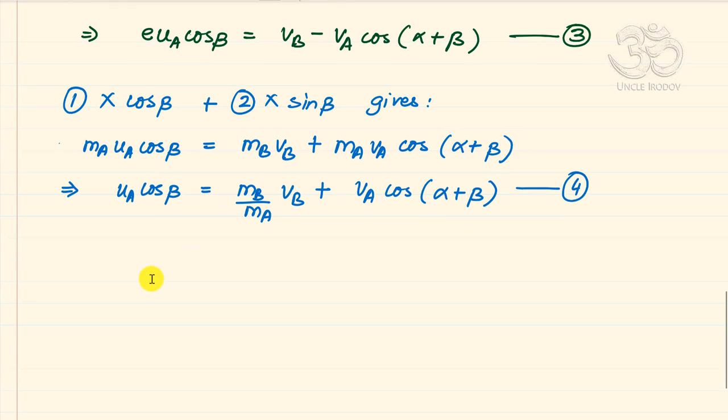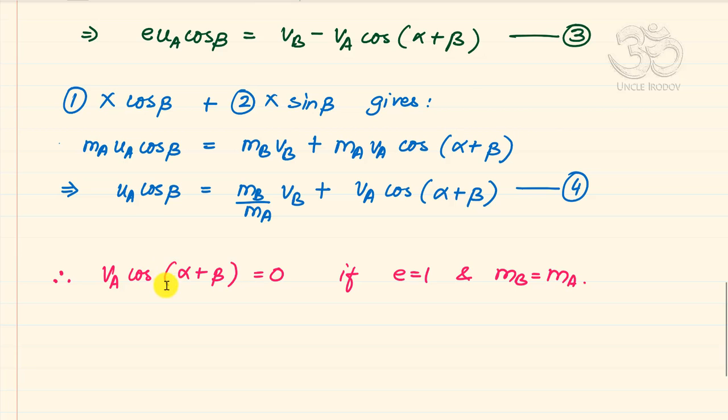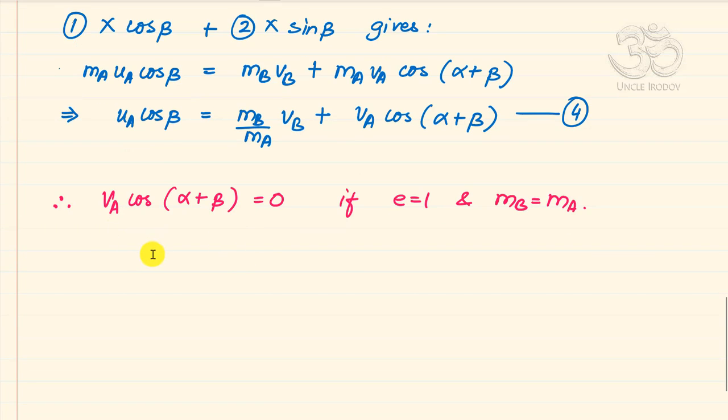So either way you will get VA cos of alpha plus beta is equal to 0 if E is 1 and MB is equal to MA. And this equation says that alpha plus beta should be equal to 90 degrees. So it's a very specific result, but useful in certain problems.